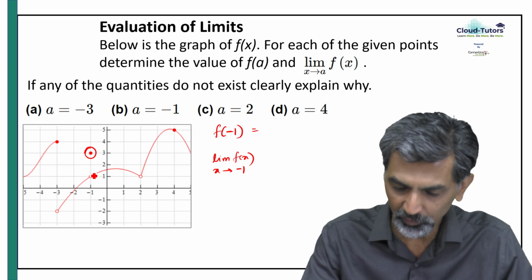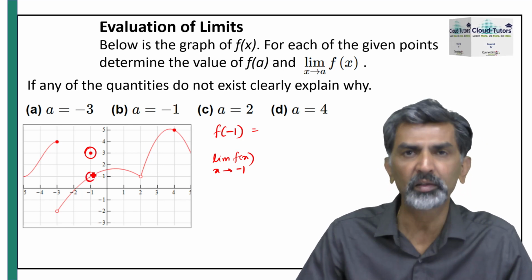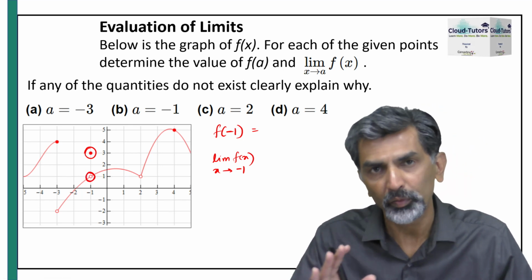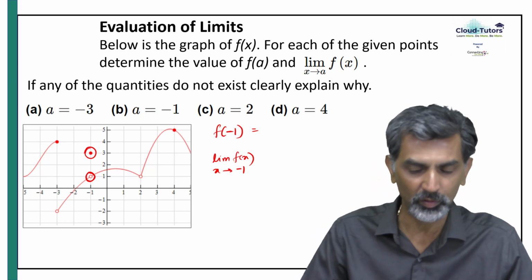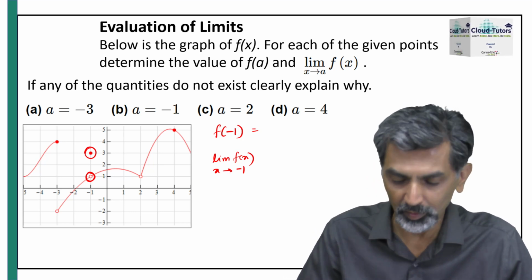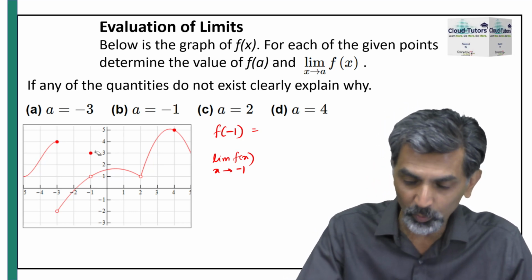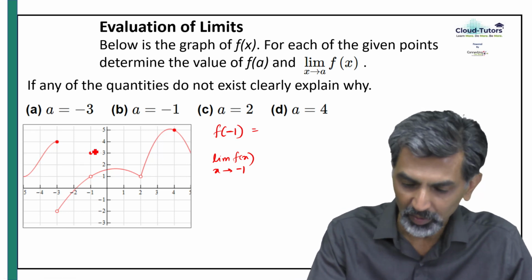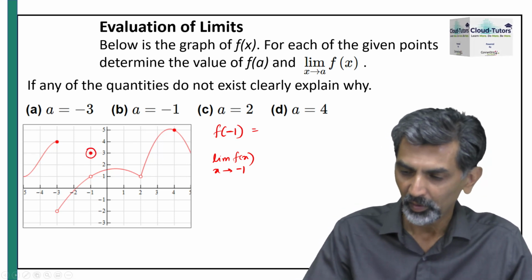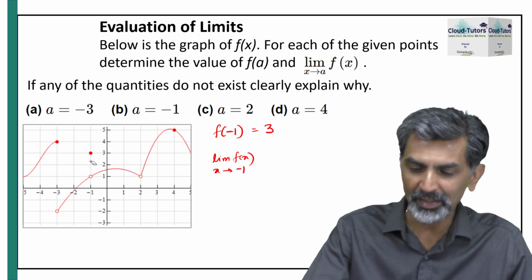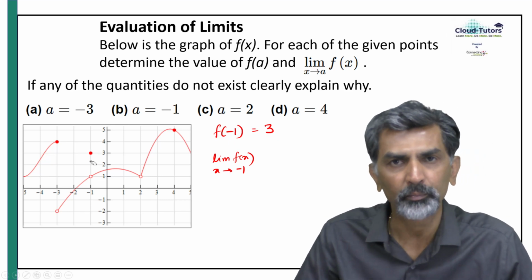You can see the graph. This notation indicates that the function is not defined for x is equal to negative 1. That's what it says in the graph. The actual value of f of minus 1 is over here. And we know that, therefore, it is 3. f of negative 1 is 3.